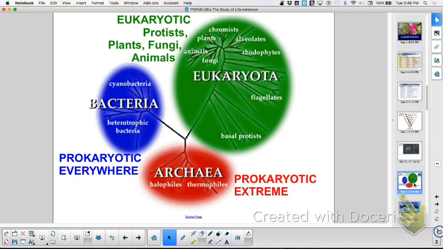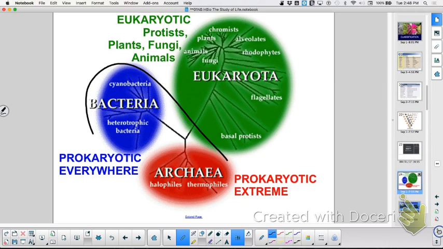We reviewed the 3 domains. These two have something in common. What do they have in common? Look at the words that describe them. They're all prokaryotes. They're all the simple cells. Okay?